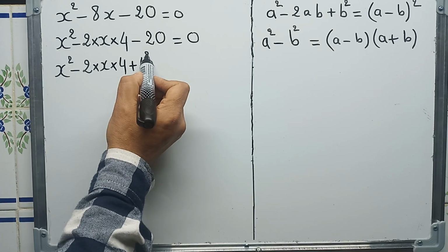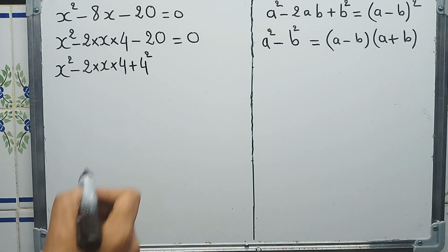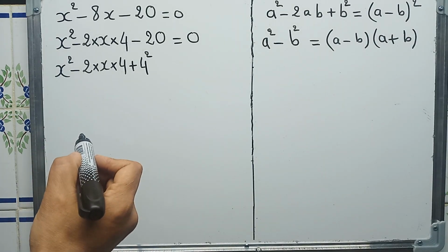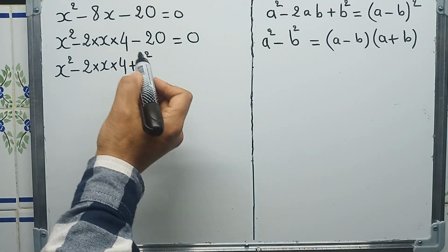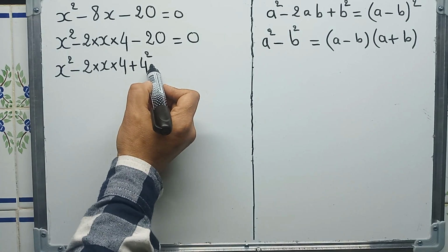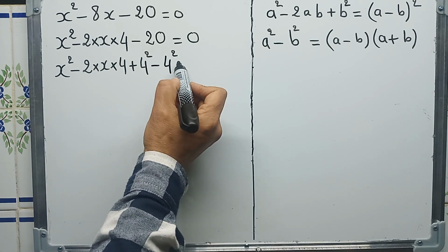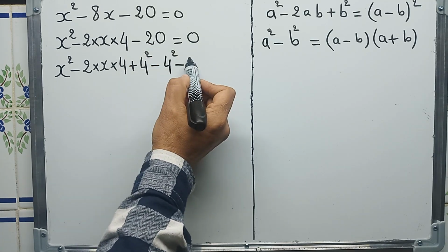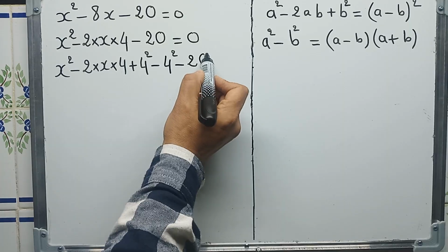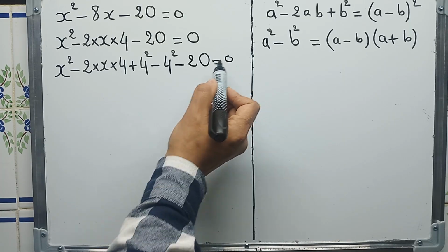We add it, but here our balance is again not good. To restore our balance, we must subtract this 4 squared, and continue with our minus 20 equals 0.